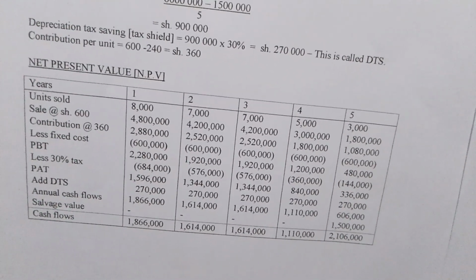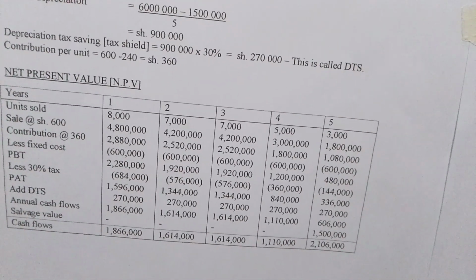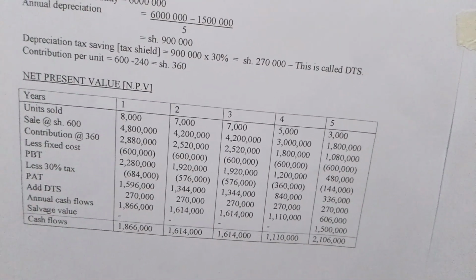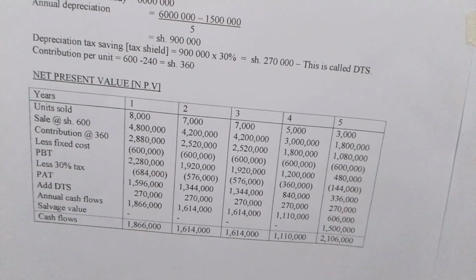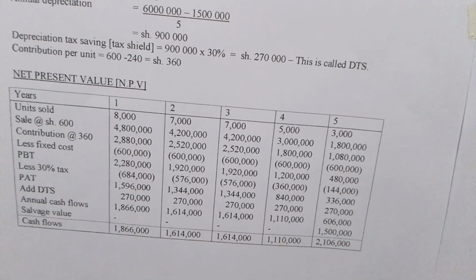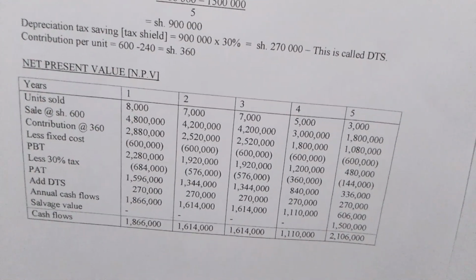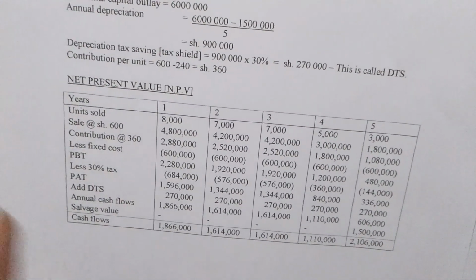So as far as the cash flows generated by this machine are concerned, in year 5 we'll be having two cash flows: the annual cash flow for year 5 and the cash flow coming from the salvage value. So we have our cash flows there.